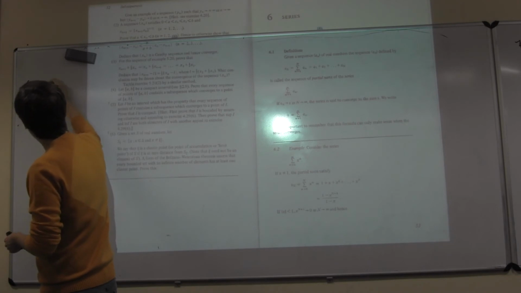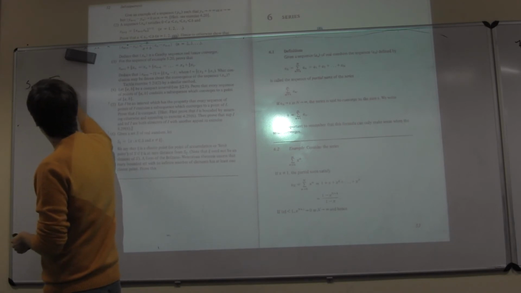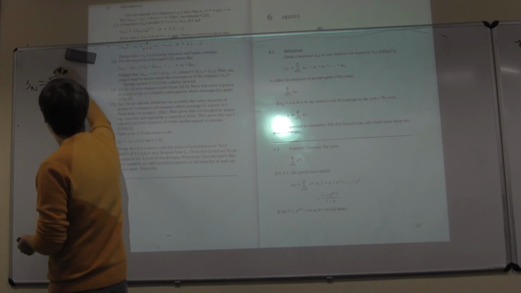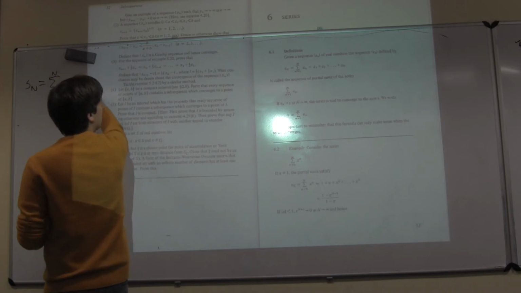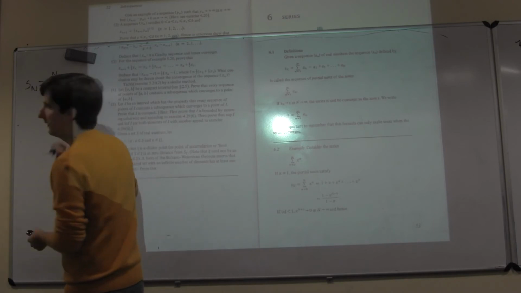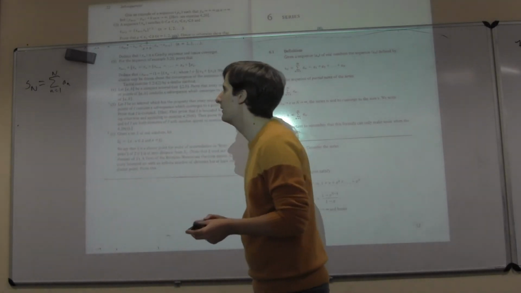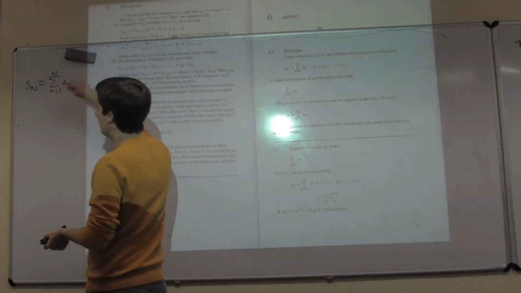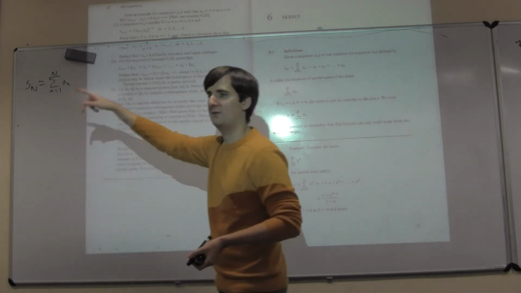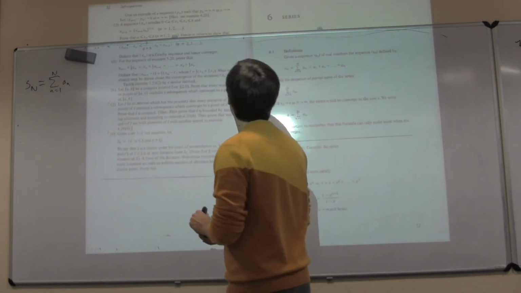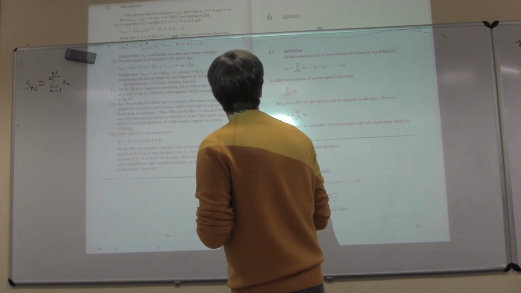So S sub capital N is the sum from n equals 1 to capital N of a_n. So S_1 is just a_1, S_2 is a_1 plus a_2, etc.